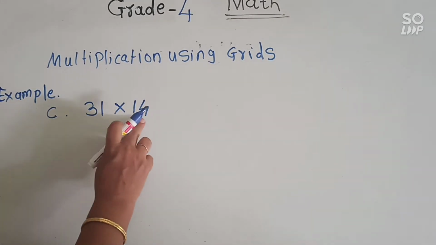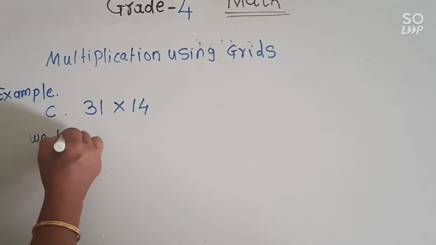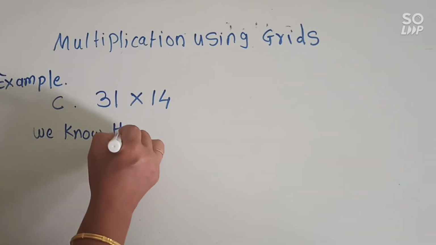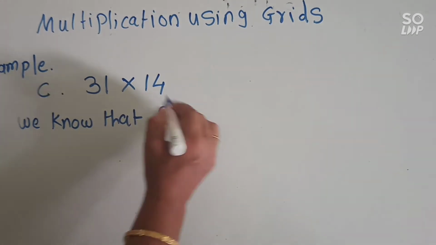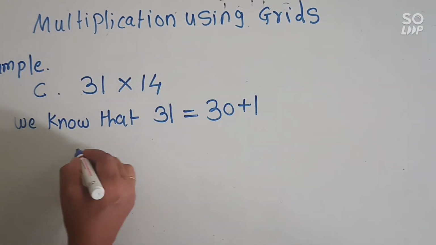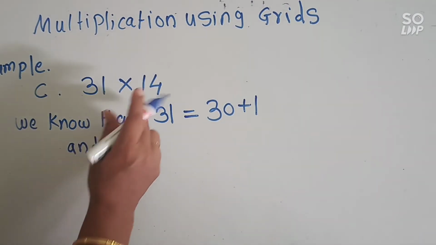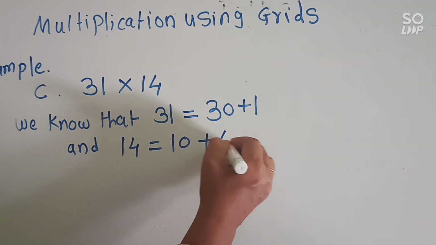Okay, here exercise 3.3, question 2, example C. 31 multiplied by 14. Okay, here we know that 31 is equal to 30 plus 1, and 14 is equal to 10 plus 4.